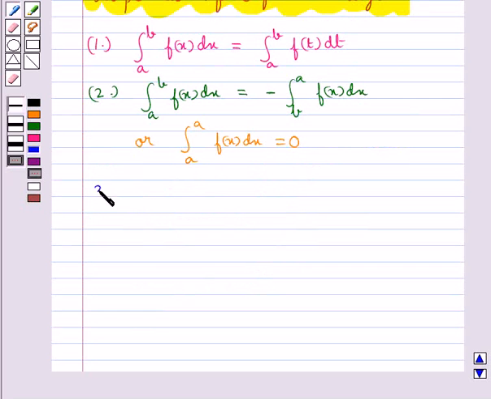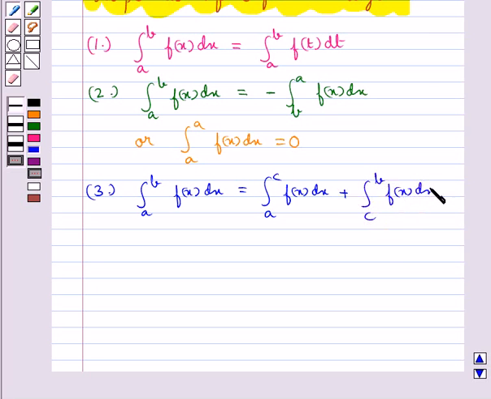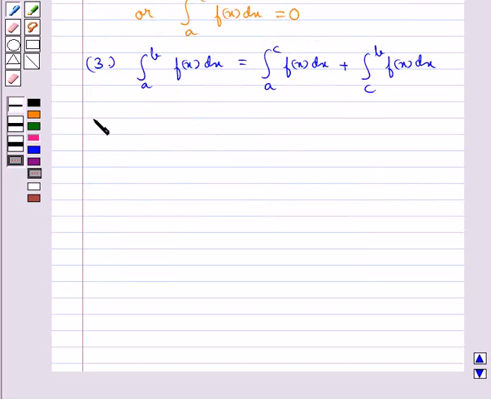Next property is integral a to b f(x) dx is equal to integral a to c f(x) dx plus integral c to b f(x) dx. Next property is integral a to b f(x) dx is equal to integral a to b f(a plus b minus x) dx.